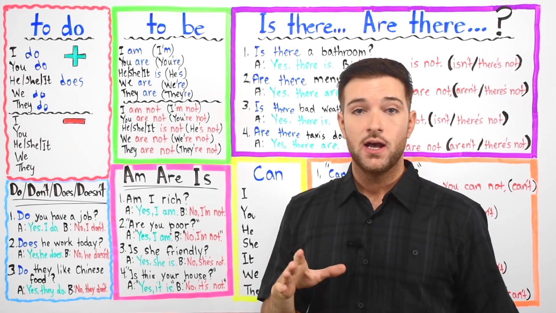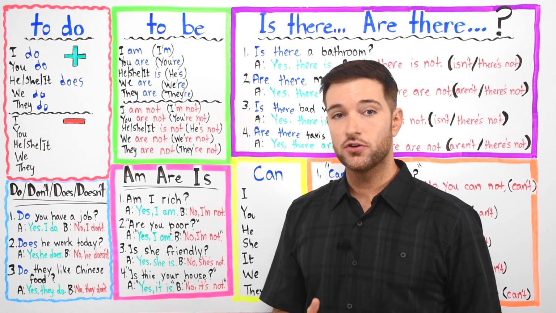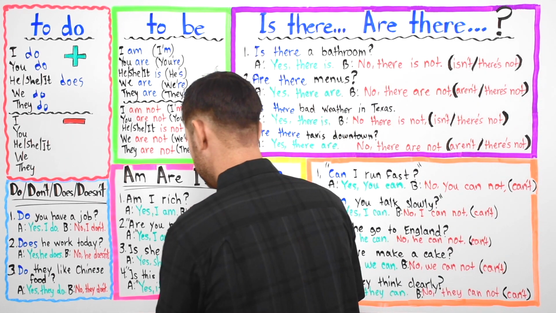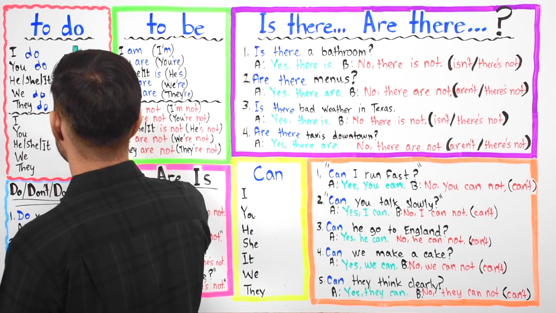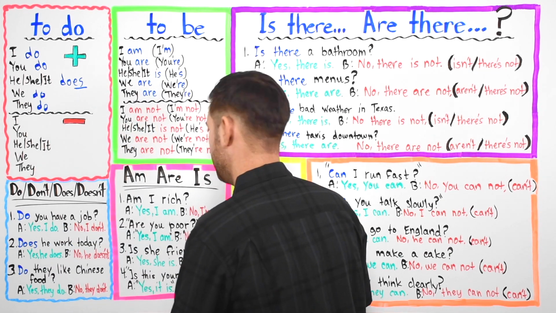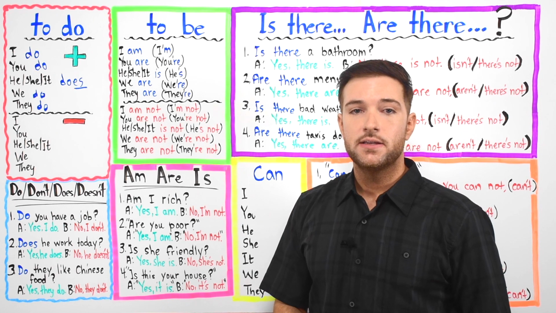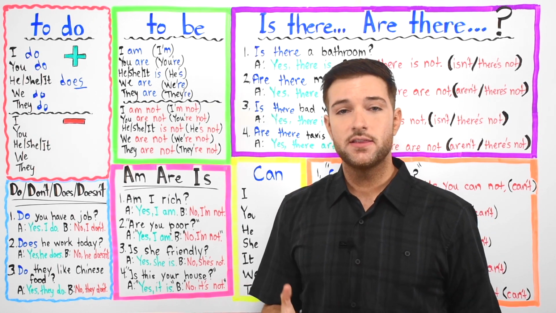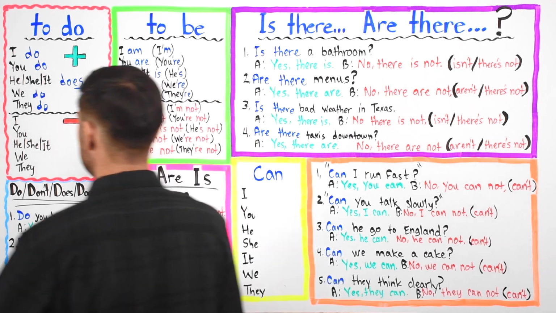Okay, now I want you to notice that there is only one change in the third person singular form. It is he, she, it does. Okay, so that's the only change with this verb to do. All right, now if we are going to say this in the negative form, we would say I do not.